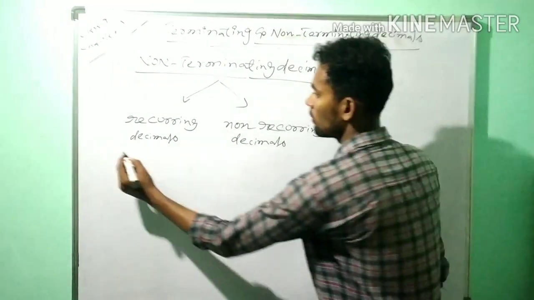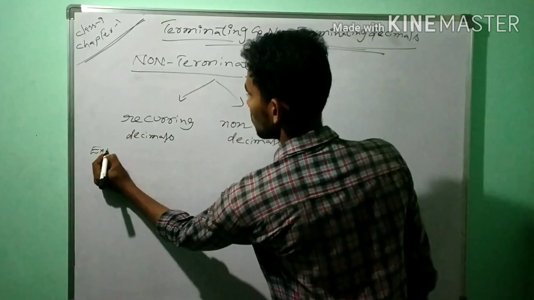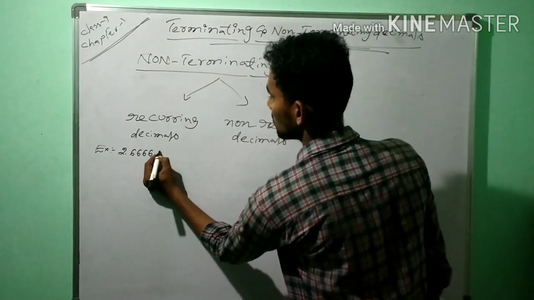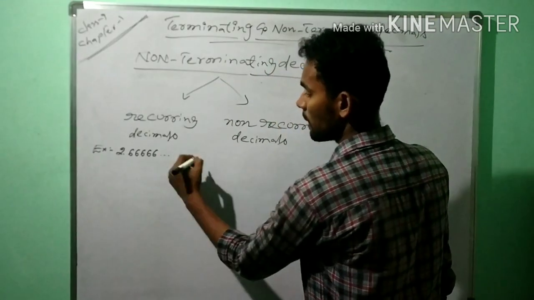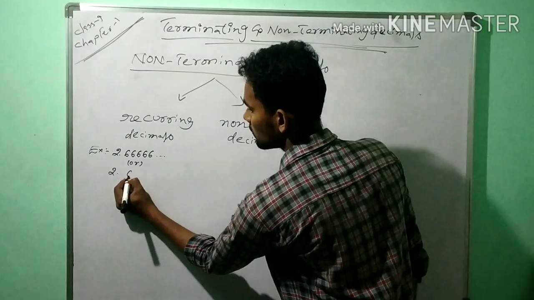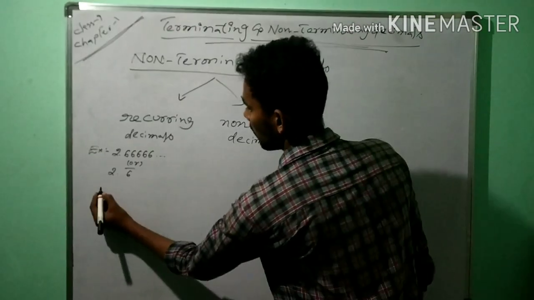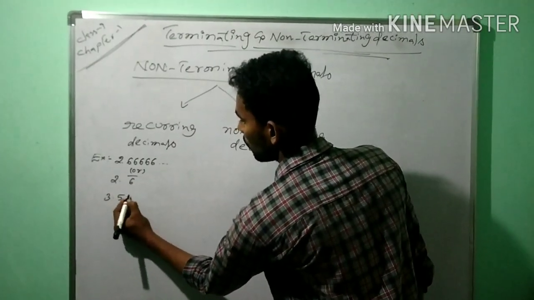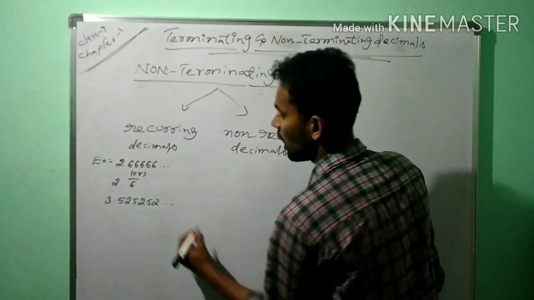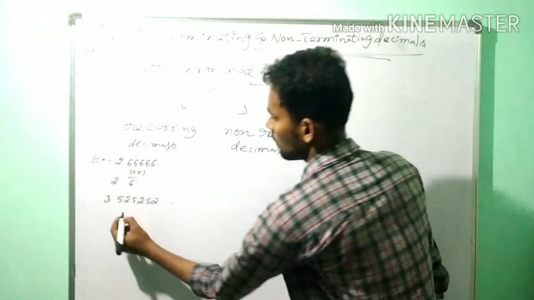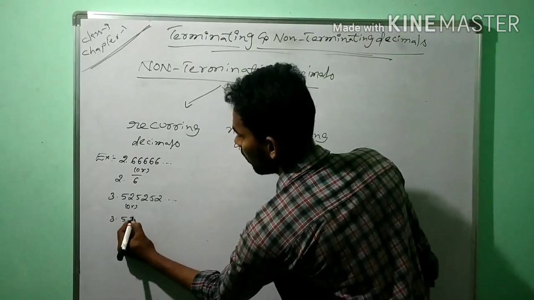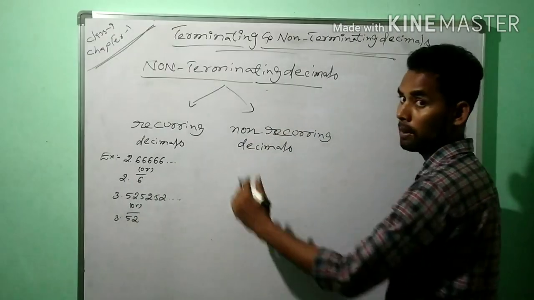For example, 2.6666 and so on. 6 is repeating, or 2.6 bar. Another example, 3.525252. 52 is the repeating number, or 3.52 bar. Bar means repeating number.